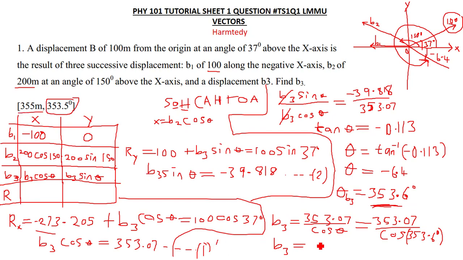When you round it off, you get 355.1. Now since they want it as a whole number, so you just say 355 meters. Alright, so this is basically how you solve such questions.